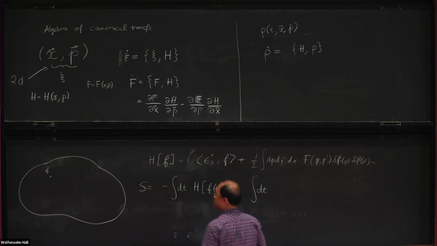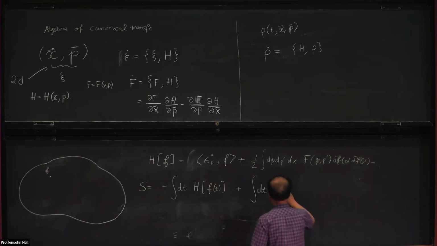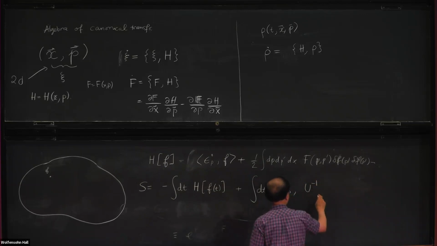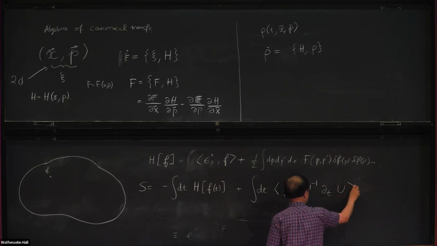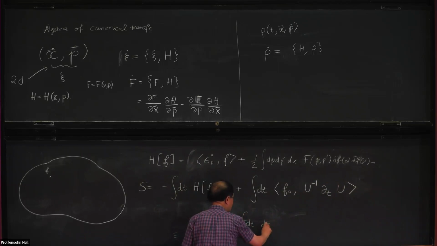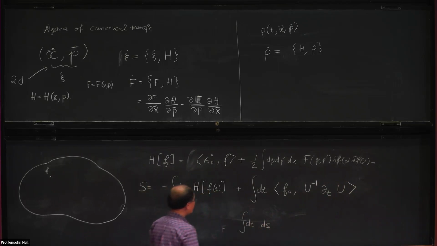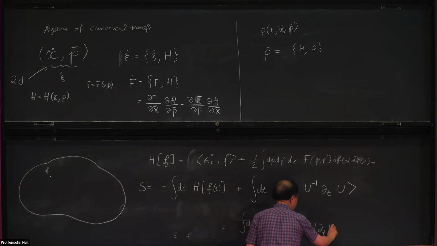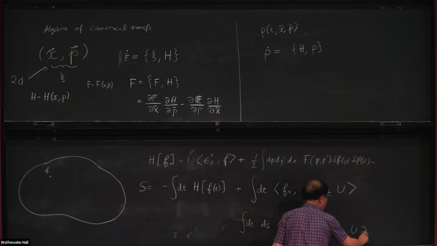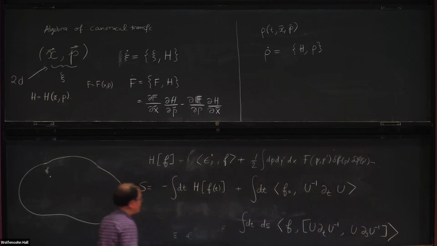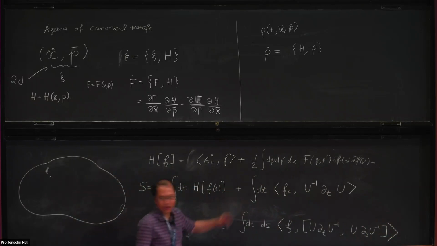I'm going to give two different expressions: dt, u minus 1 dt u, or equivalently, I can write it in the Wess-Zumino way, dt ds, introducing an extra coordinate, and then this would be f, u dt u minus 1, u ds u minus 1 commutator, and then the expectation value. It's two different forms of the same thing.